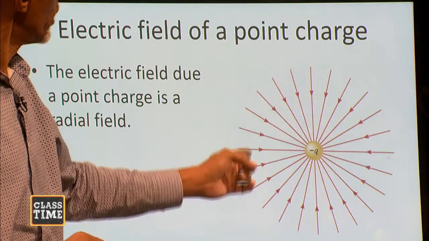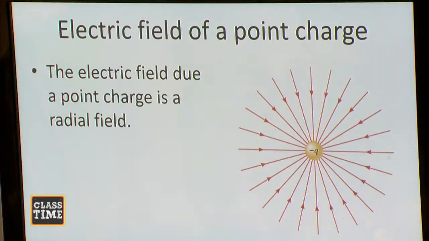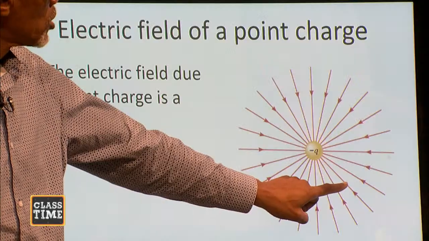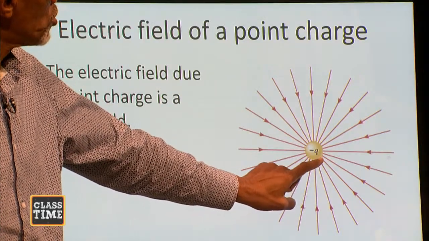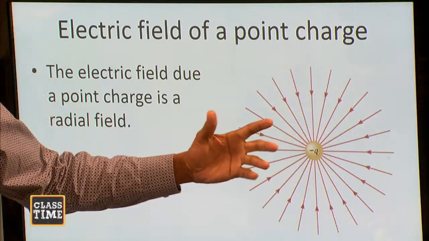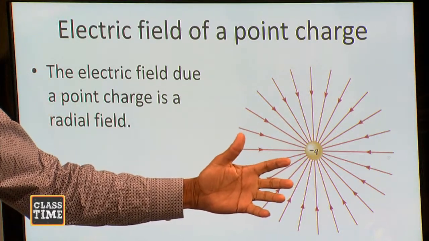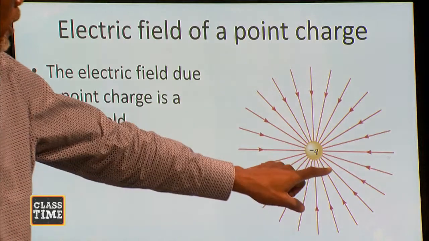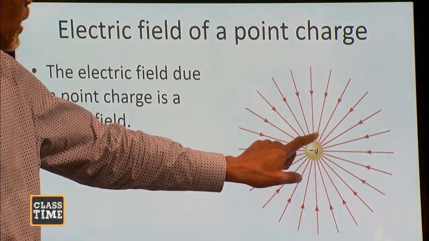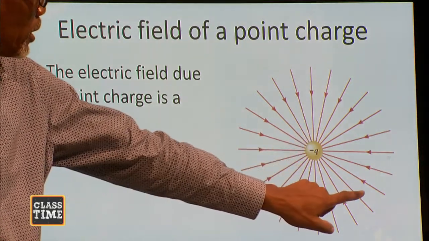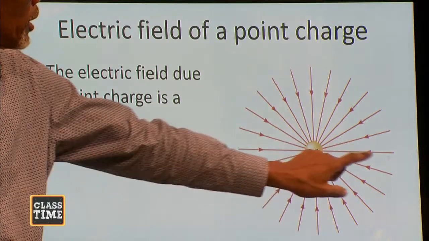It goes radially inwards. What we also see is that the strength of the field decreases as you move away from the charge, all right? So here, the field lines are closer than here, and so the field is stronger here than here.